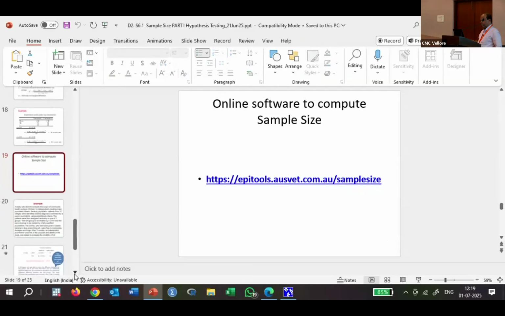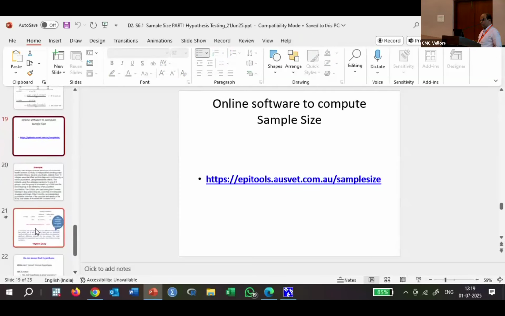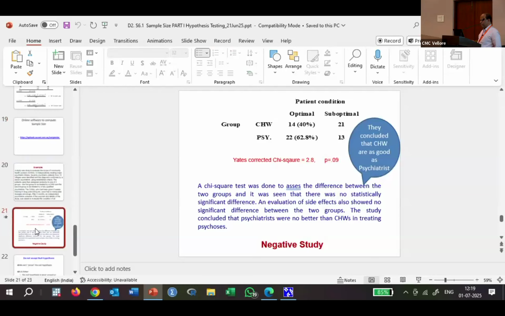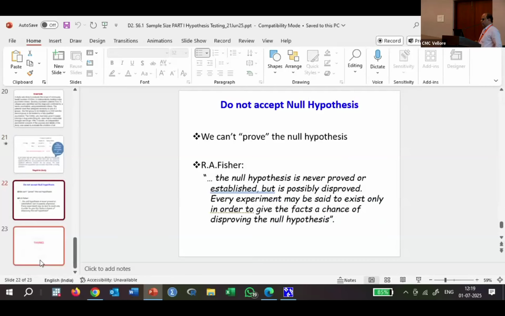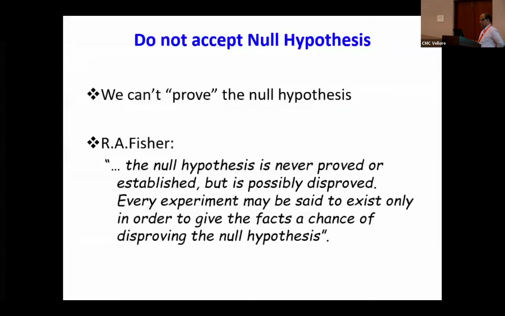So this is what we have discussed. This is a very important statement. I said there is no concept of accepting the null hypothesis. I presented this in Trivandrum once. There's no concept of accepting the null hypothesis. Big epidemiologists started fighting with me.